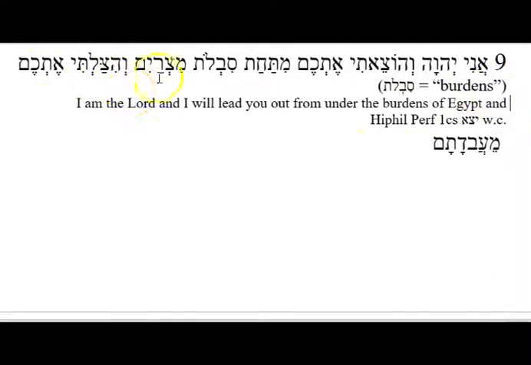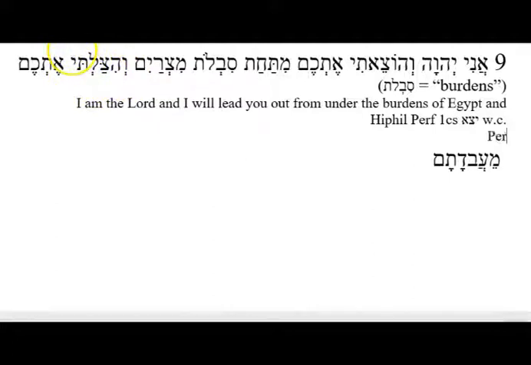And here's another verb. So let's parse this verb. Here we have Vehitsalti. Okay, this tav ending is your immediate clue that you're looking at a perfect verb, right? And the he at the beginning is going to tip you off to the fact that it's a Hiphil. Hiphil perfect, first common singular because of that tav ending.